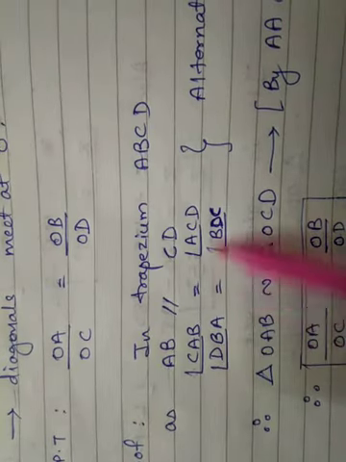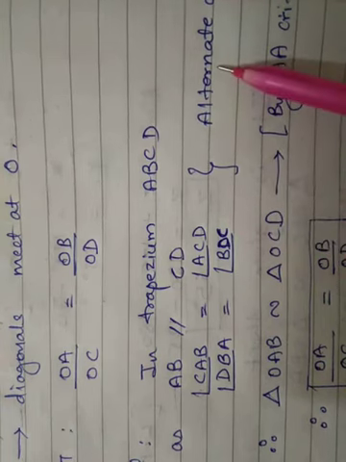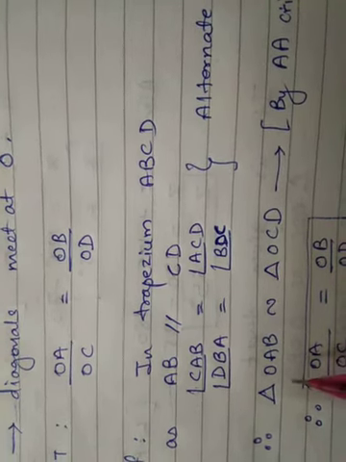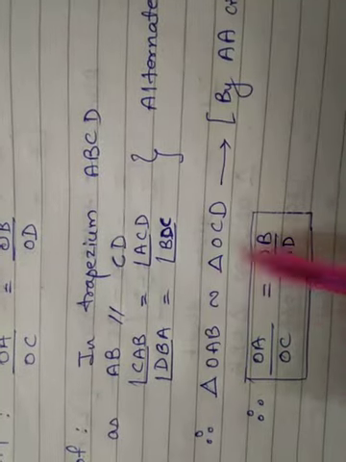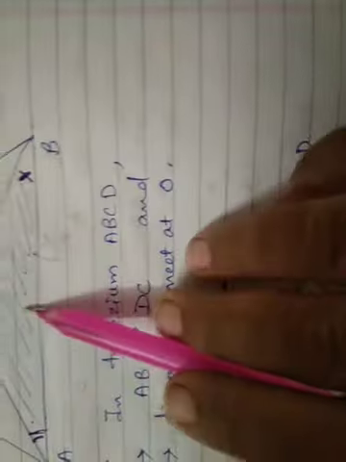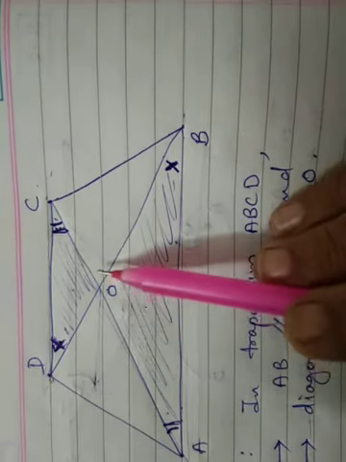And therefore, now I have two angles written as equal, that is, they are alternate angles, and therefore I say that the two triangles are similar by AA criteria. So these are the two triangles which I am talking about.